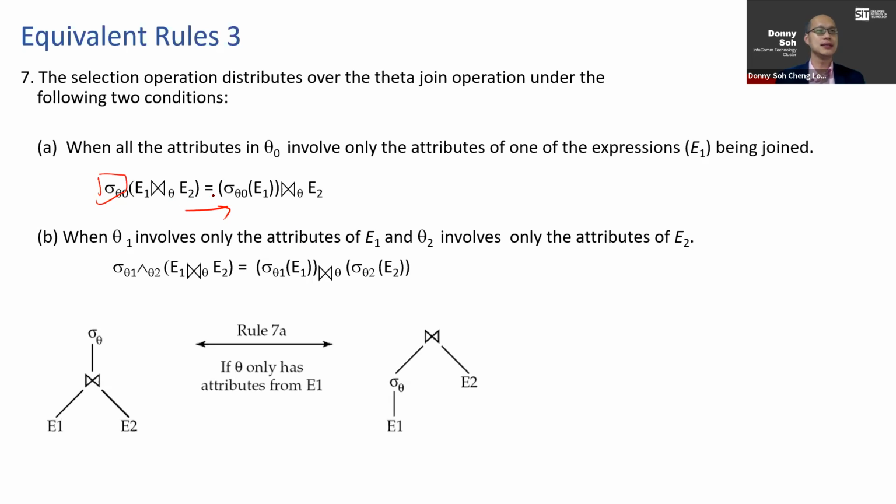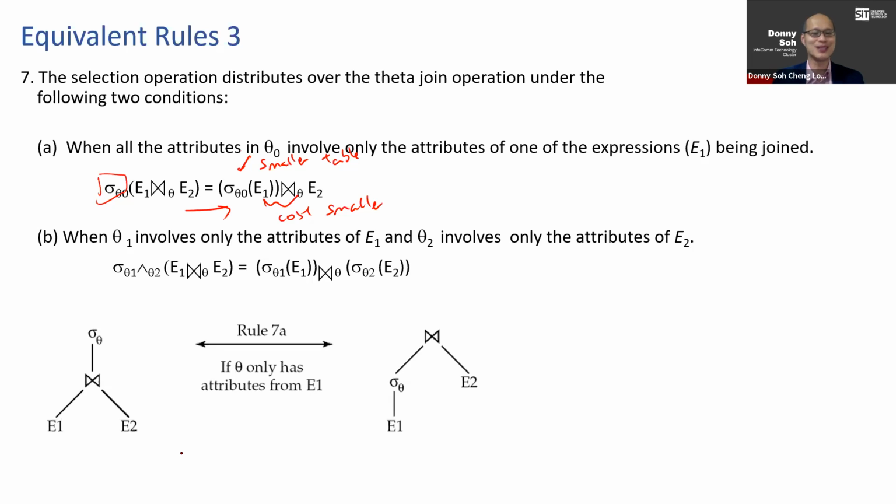Because I'm going to have a smaller table here. So this table is going to be smaller, and when it joins with E2, the result is still going to be the same, but the cost is going to be smaller. So typically, I want to push my selection in if it's possible. If I can, I also push my projection in as well.